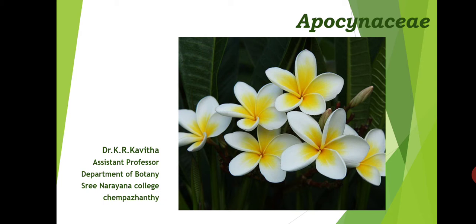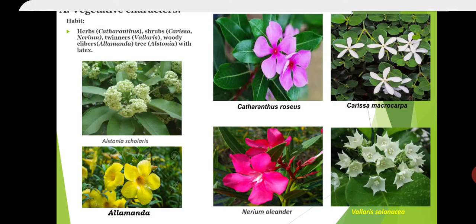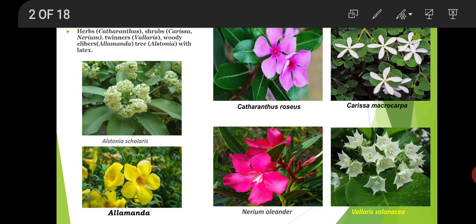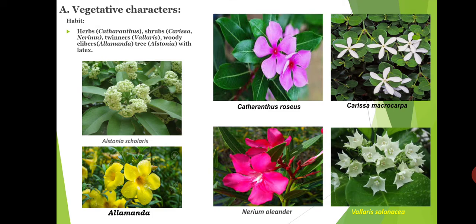We can consider these members as cosmopolitan in distribution, that is, present everywhere, and its members are chiefly found in tropical regions. Like the previous family, first we will study its vegetative characteristics and then floral characters, and first we will discuss its habit.